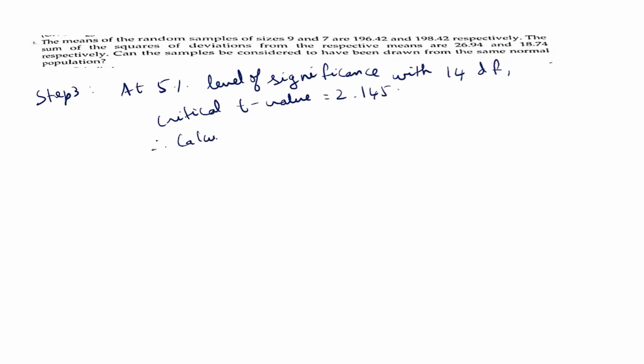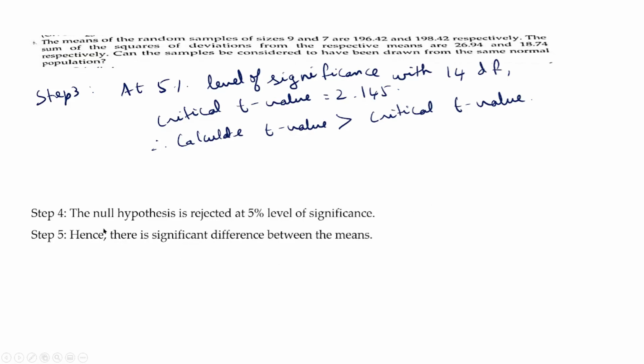Therefore, the calculated t value is more than the critical t value. So as a result, we have to reject H0. So the null hypothesis is rejected at 5% level of significance, which means there is significant difference between the means. So we cannot consider the samples to be drawn from the same normal population because we have got the result as there is significant difference between the means.